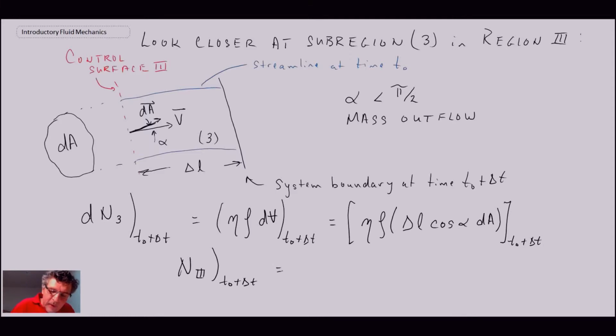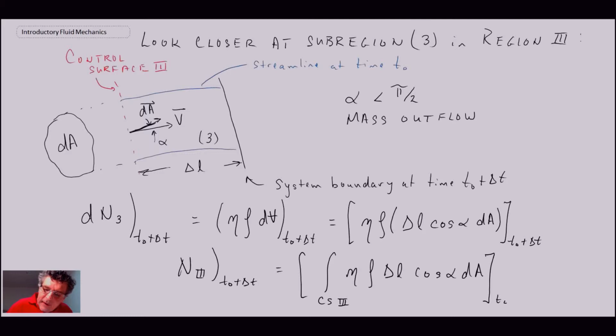So out of that, we can write that the extensive property in region 3 at T naught plus delta T is just the integral of that over the control surface at 3. And what we're integrating is eta rho delta L cos alpha dA.